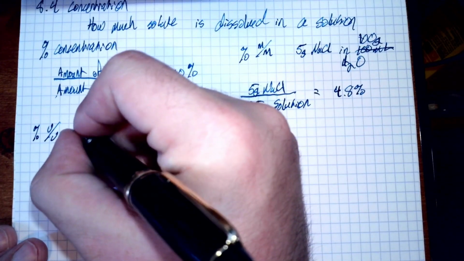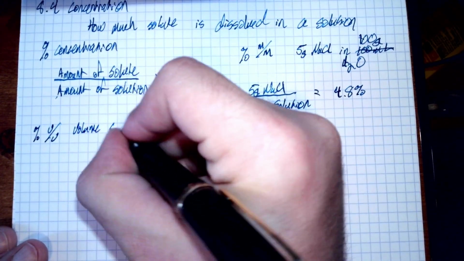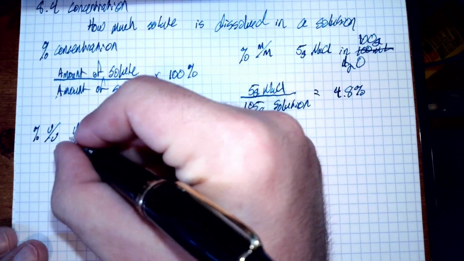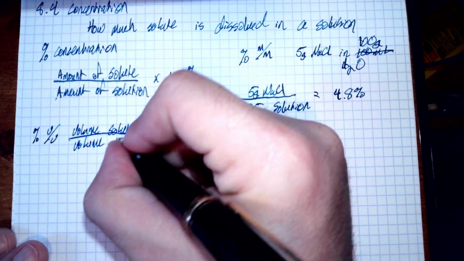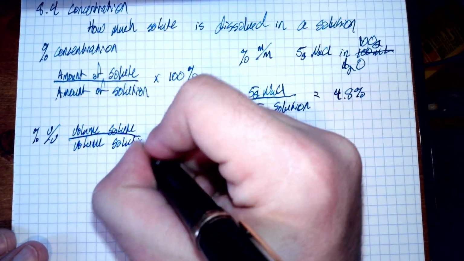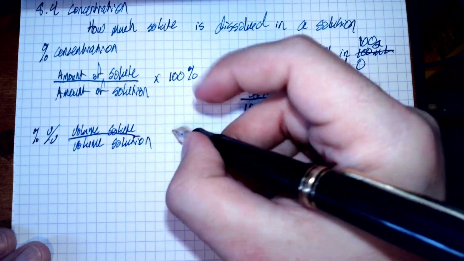But it's going to be volume of solute over volume of solution. Now, for any problem that I am going to give you for this, we have to make a fundamental assumption that volumes are directly additive.